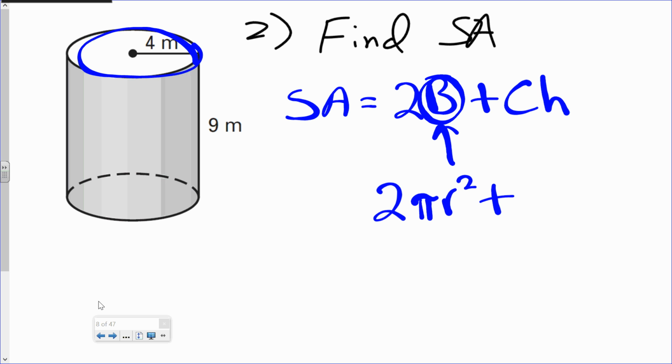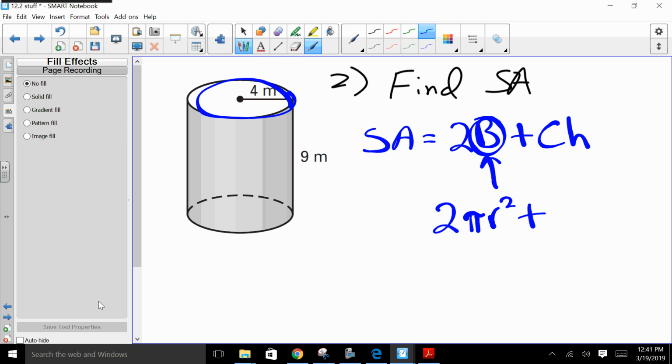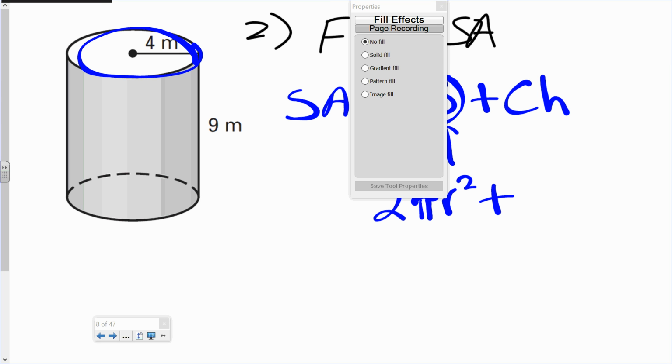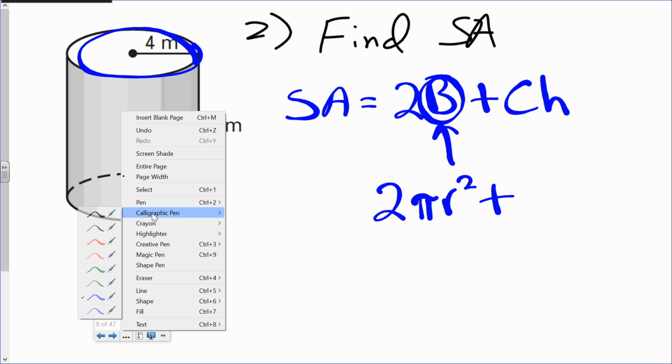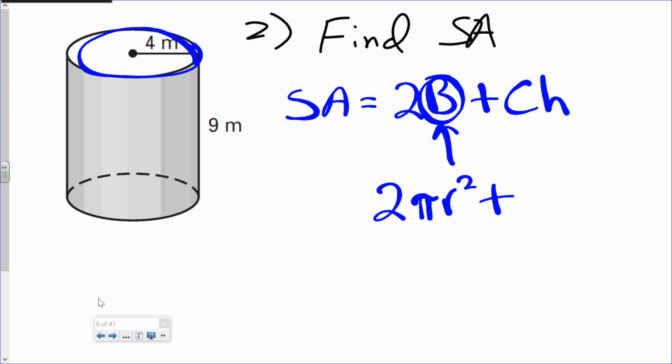Plus circumference formula from your reference sheet also. Brooks, give me the circumference formula, would you?